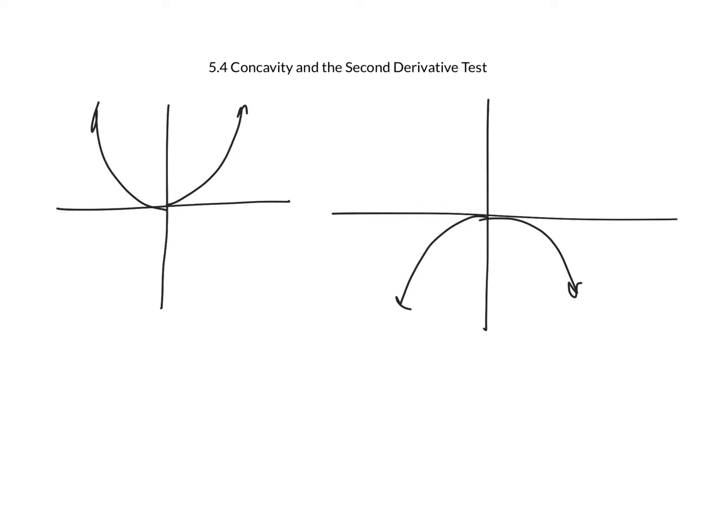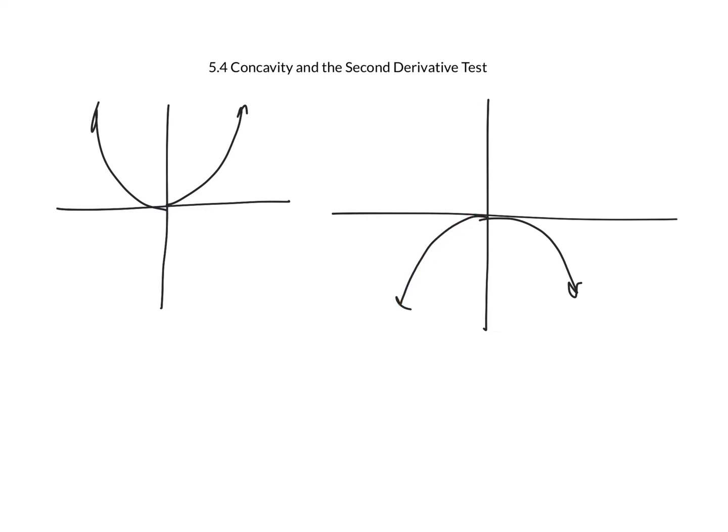Key thing to keep in mind, look, you're decreasing over here, right? But you're concave up. Just because you're concave up or concave down does not necessarily mean your graph is increasing or decreasing. It could be flipped. It could be that the value of x is increasing right here and the value of y is increasing, but you're still concave down right here.